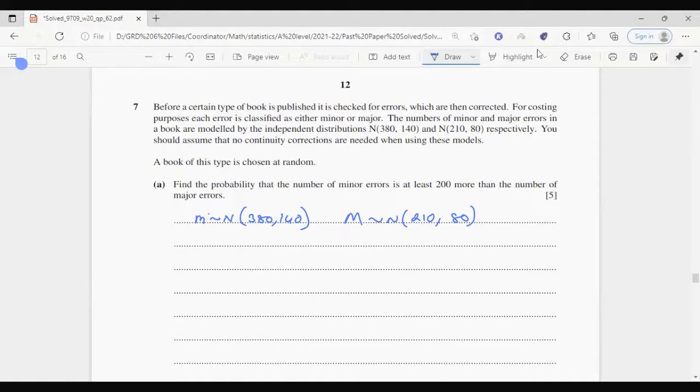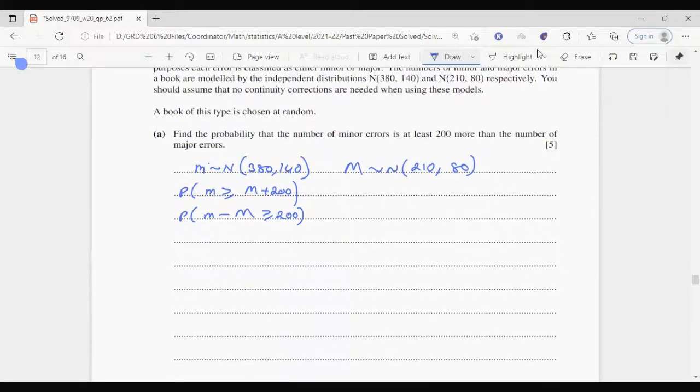So try to put this in symbols: minor is at least 200 more than major, which can be written as minor minus major is greater than or equal to 200. So this is what I have to find at the end.